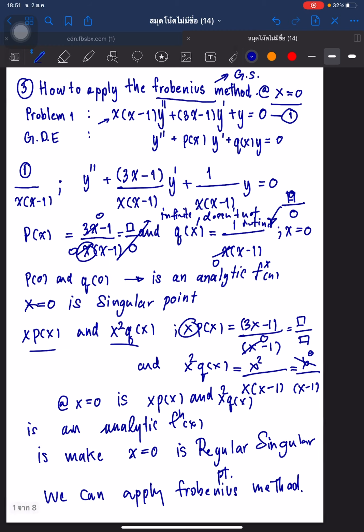Okay, the Frobenius method is the substitution y equals the sum from n equals 0 to infinity of a_n x to the n plus r, and we get y prime after we differentiate y, and y double prime after we do the sum.